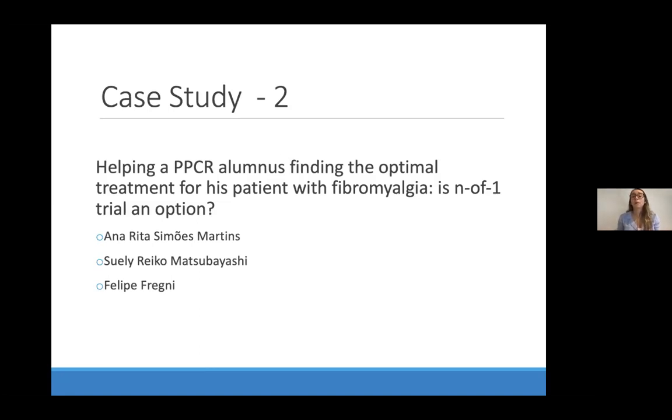But for some chronic diseases and diseases for which we still don't have a treatment that is satisfactory for the population, this could be a very interesting design, right? And in this case here, we have fibromyalgia. It is a chronic condition, and so far we do not have a satisfactory treatment for fibromyalgia, even though we have different pain medications. That would be a very good example in which an N-of-1 trial could be beneficial, right?